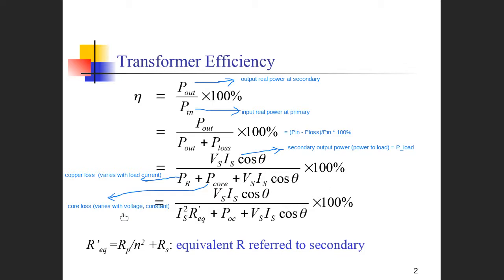So the things left, of course, are how to do the calculations. For the copper losses, which depend on the current, here you use the secondary current and the secondary referred internal resistance.